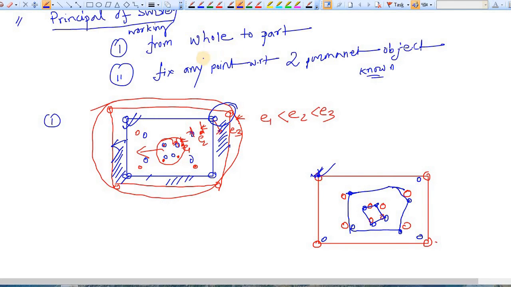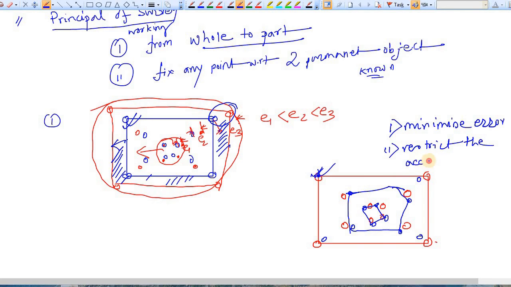So the main intention of working from whole to part is that you can minimize error and restrict the accumulation of error. So this is the first principle.